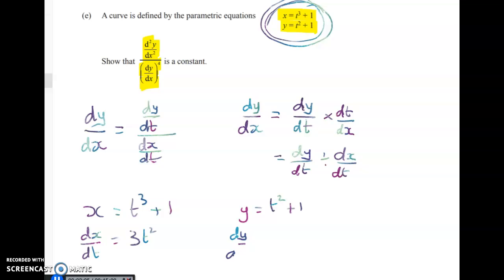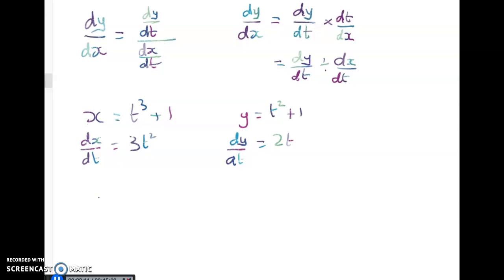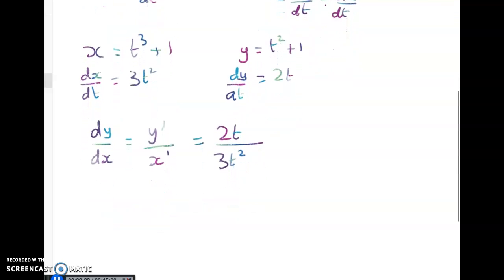So dy by dt is equal to 2t. Now, what does that give us? Well, dy by dx is equal to, I will write it with the shorthand because I'm sure you'll see that in quite a few places, y dash over x dash. So that gives us 2t over 3t squared, which is 2 over 3t.